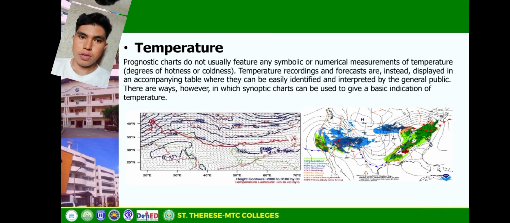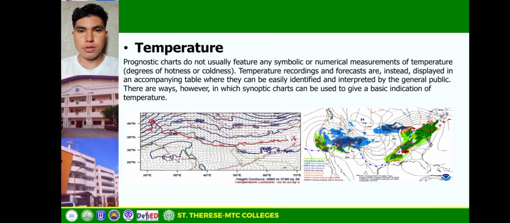Temperature. Prognostic charts do not usually feature any symbolic or numerical measurement of temperature or degrees of hotness or coldness. Temperature recordings and forecasts are instead displayed in an accompanying table where they can be easily identified and interpreted by the general public.